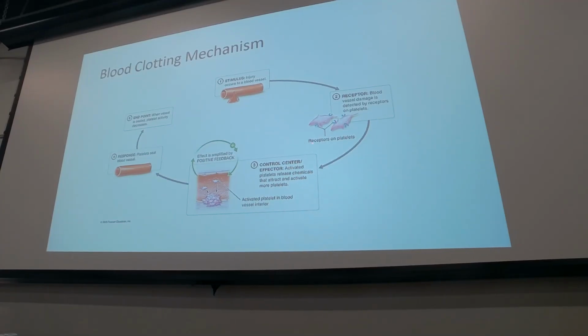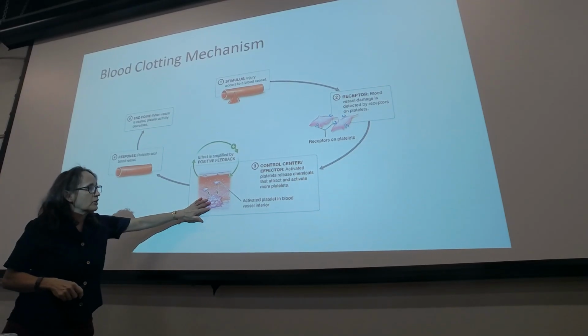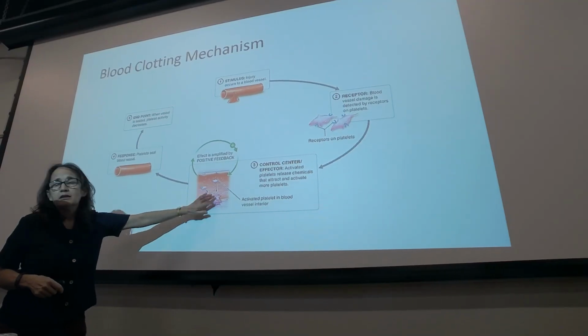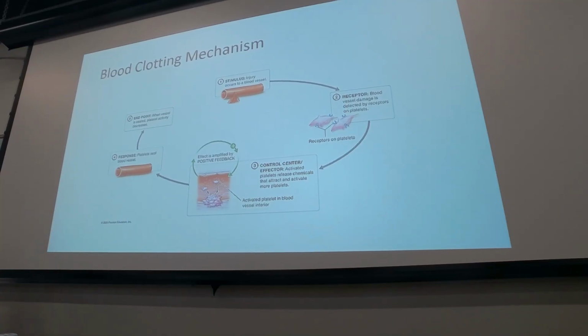So your platelets become activated, they become bigger, and they start forming a plug here in the wall of your blood vessel, preventing your blood cells from exiting.